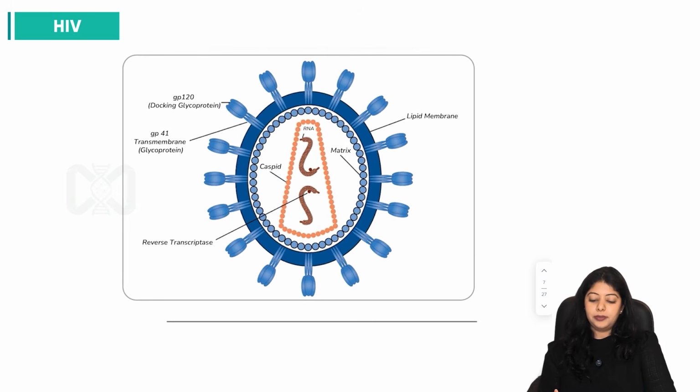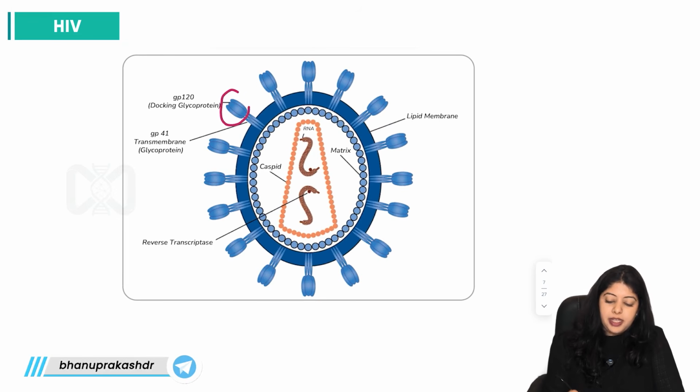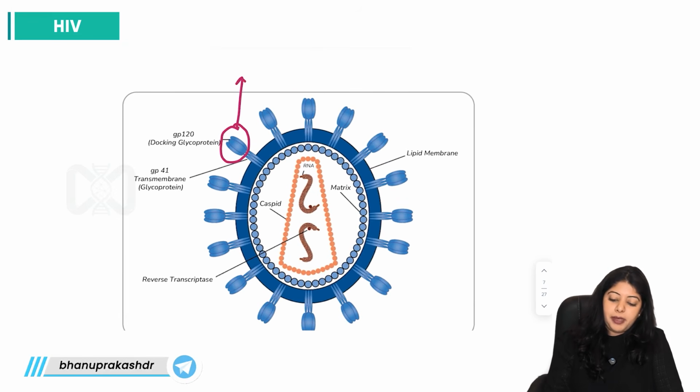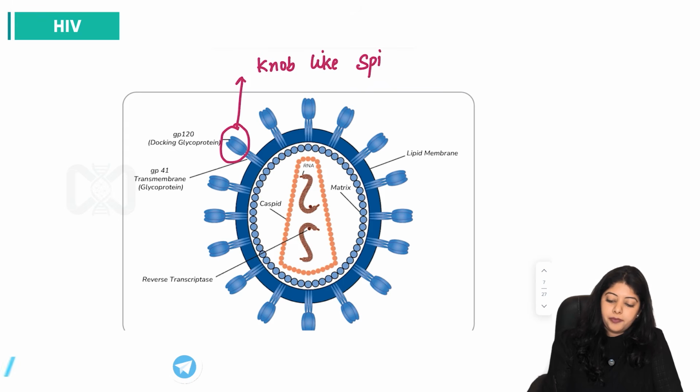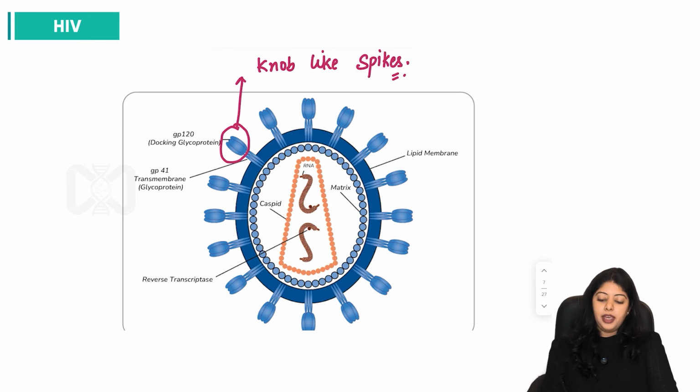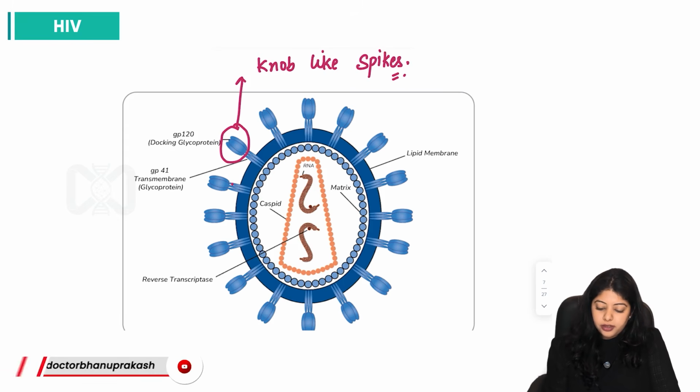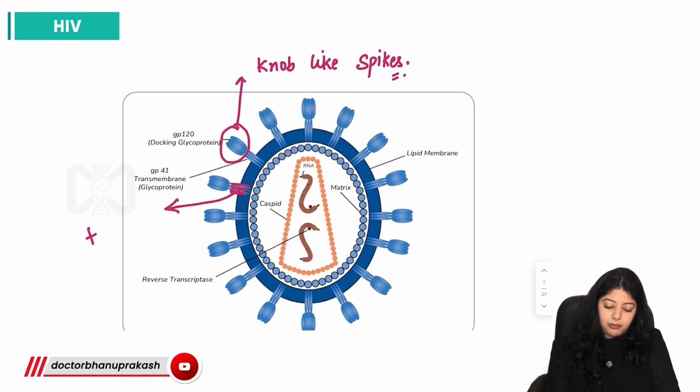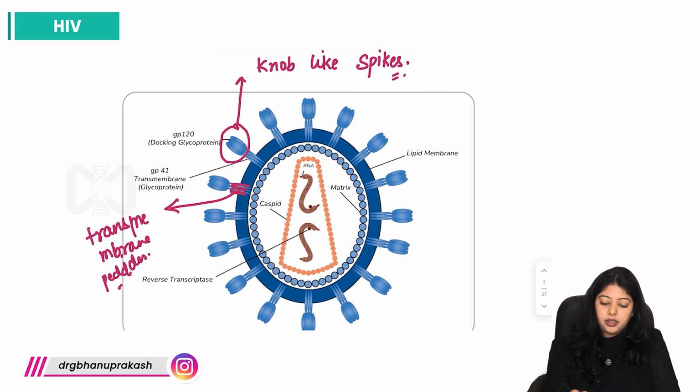So let us look at these. They are present as knob-like spikes. And these GP41 structures are transmembrane pedicles, embedded in the lipid layer, acting as anchoring proteins.